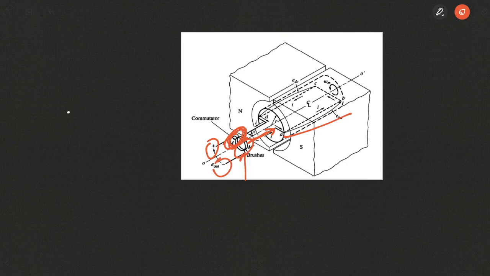So this is how we basically transform the AC voltage that's actually induced in this coil into DC output voltage.